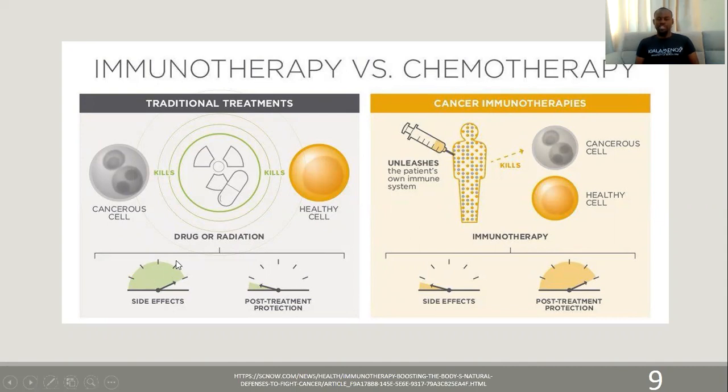They have many side effects, and they also have that disadvantage of killing healthy cells, which is the main cause of the many side effects that they have. And most of the patients who've undergone, such as your chemotherapy or your radiation therapy, have unfortunately lost their lives.